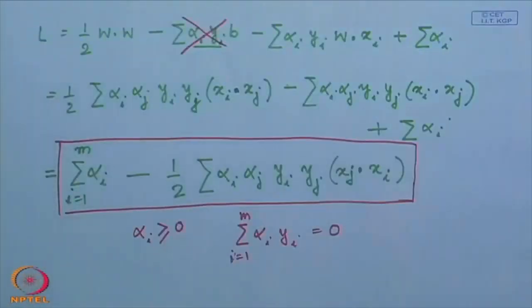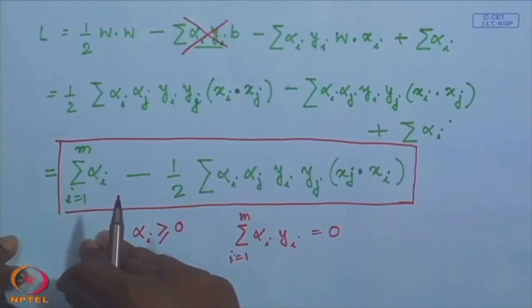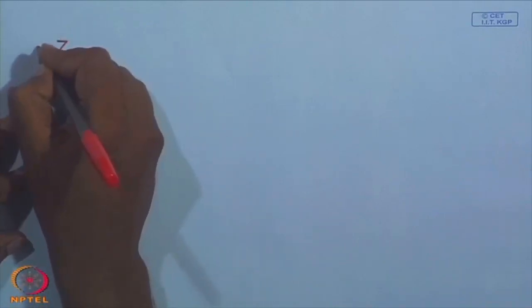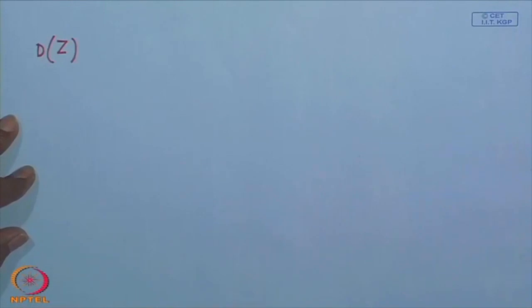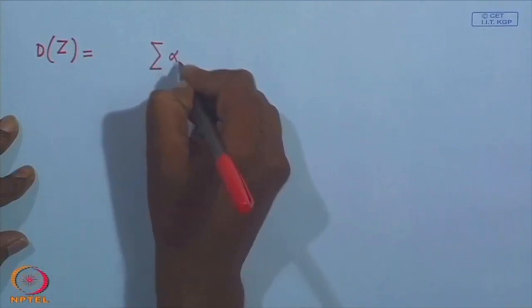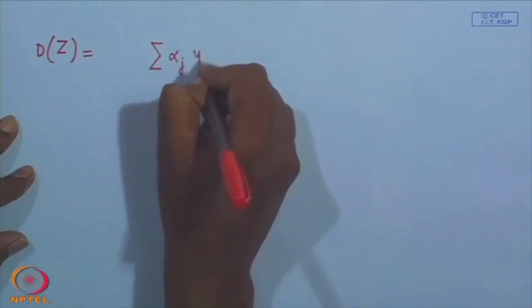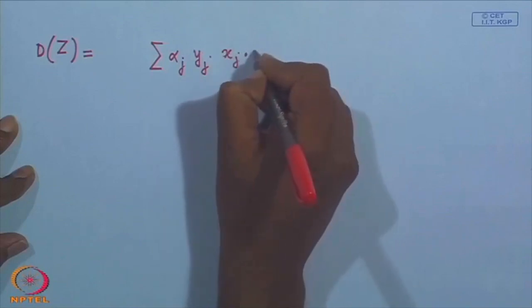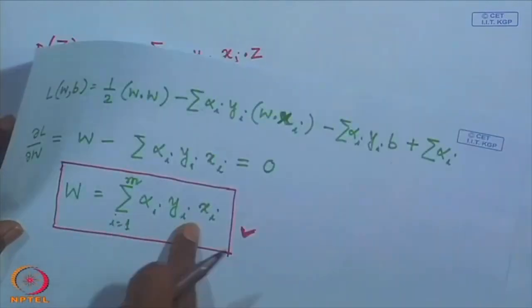As a result, my classification decision will be like this: for an unknown feature vector z, if I say the decision is d(z), d(z) will be simply the sum of alpha j y j x j times z, because my w is nothing but alpha i y i x i.